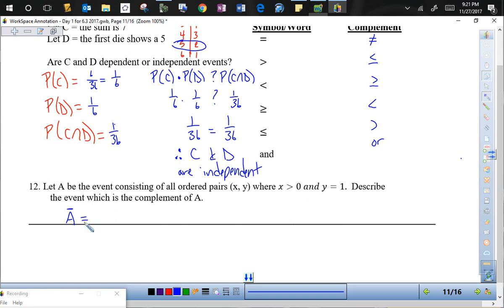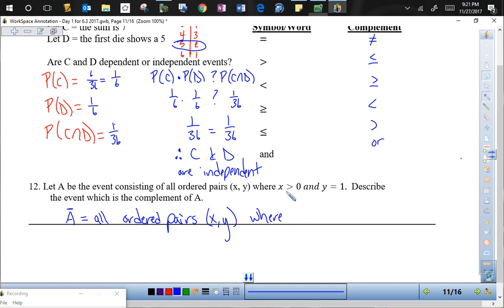And I'm just going to write equals, so is. We're going to start out with all ordered pairs just like they did. So all ordered pairs x, y. And then we just have to switch up according to our symbols and our words that were given here. Okay, it says where x is greater than 0.